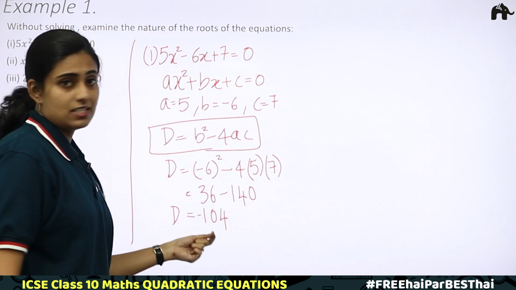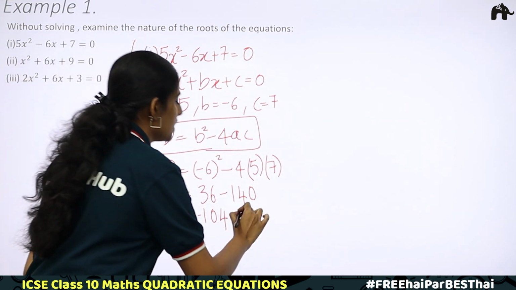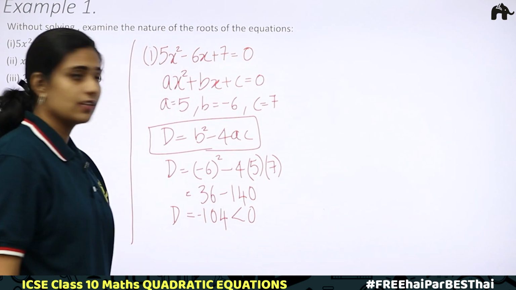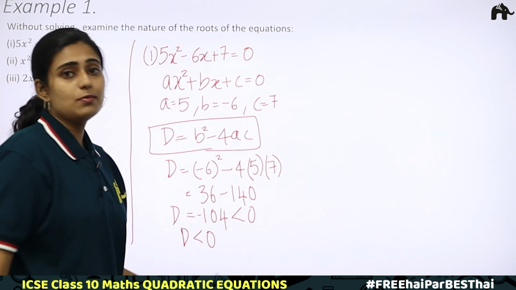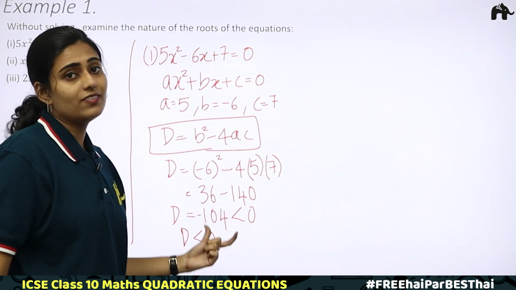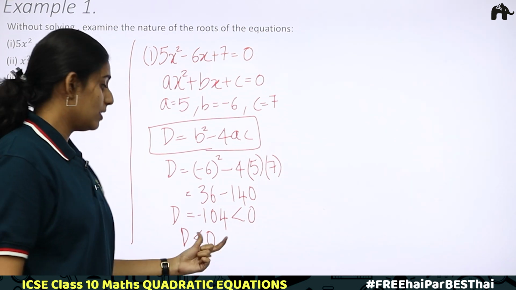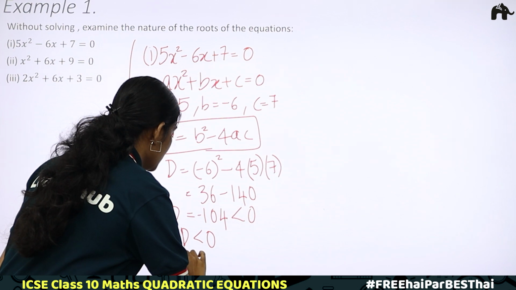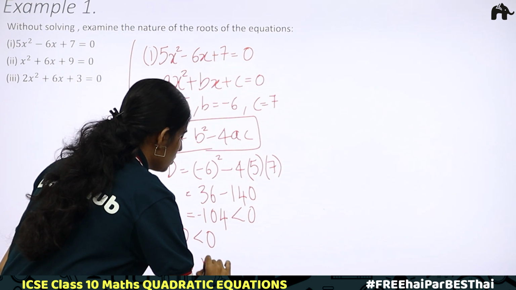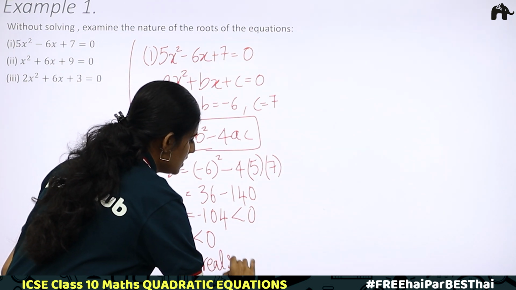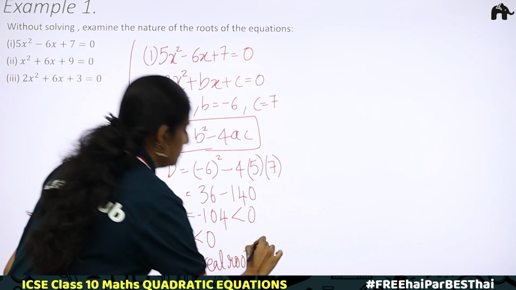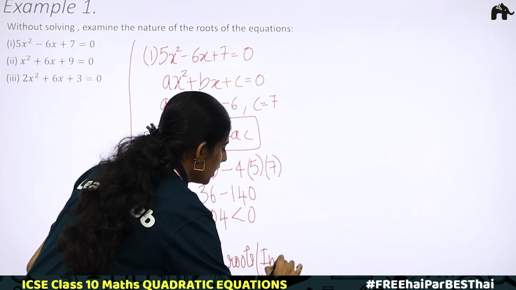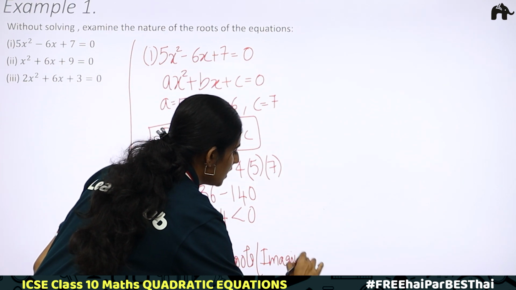When you get a negative number, it means the number is less than 0. Therefore, the discriminant is less than 0. When discriminant is less than 0, what can we say about the nature of roots? We will be getting no real roots. In this case, there are no real roots, or we say imaginary roots.